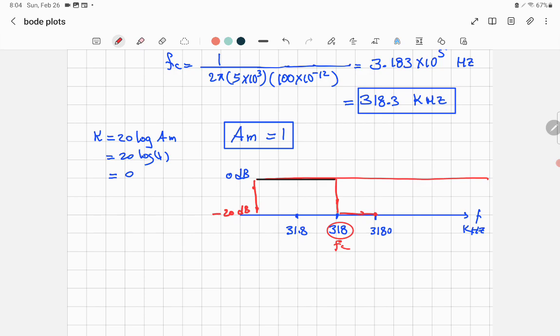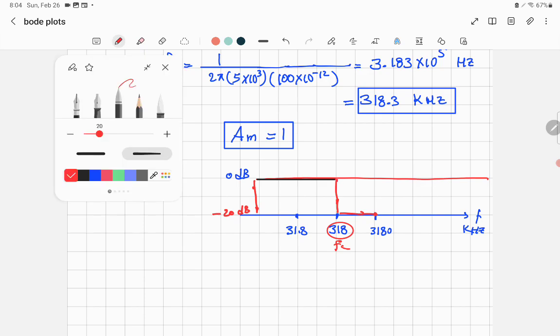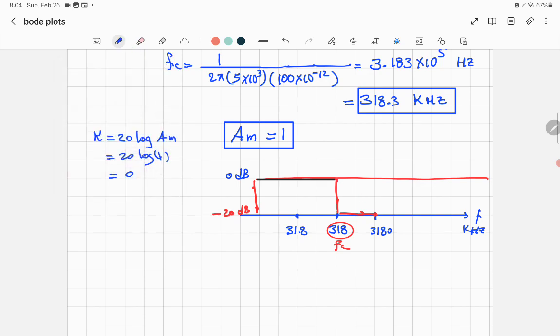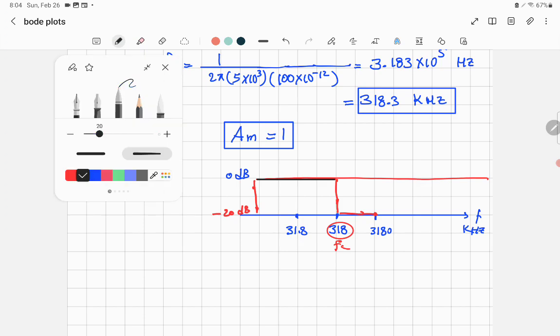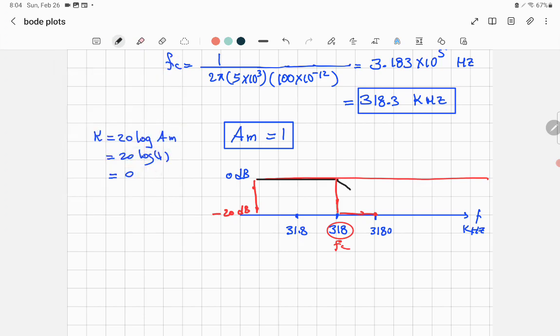Then these are the 2 points. When I connect them, I get a straight line of slope equal to negative 20. You can extend it, of course, all right? So this is a slope equal to negative 20 decibel per decade, all right?